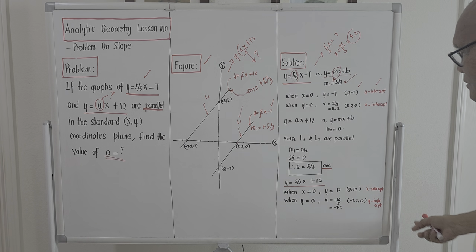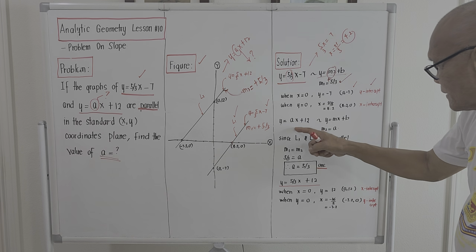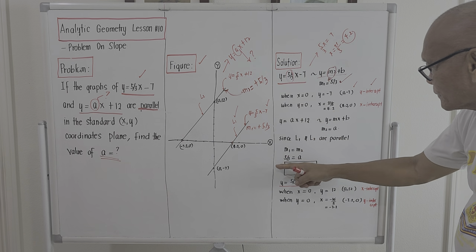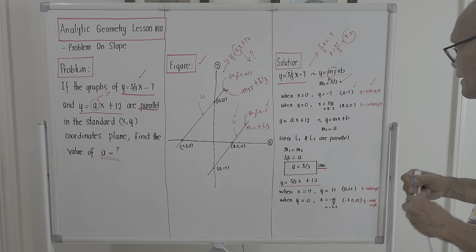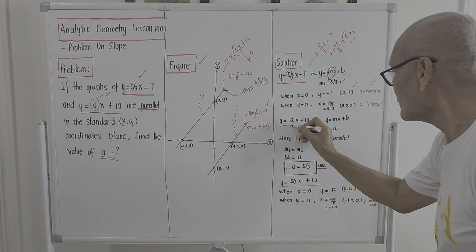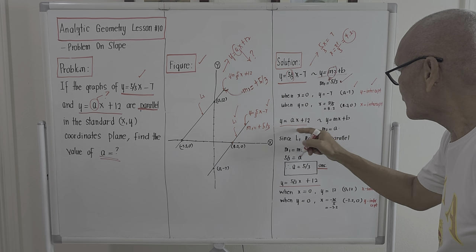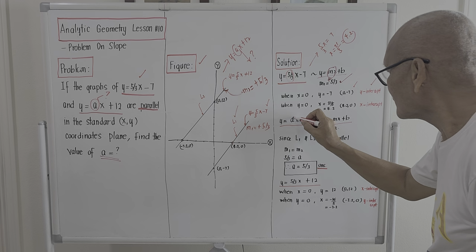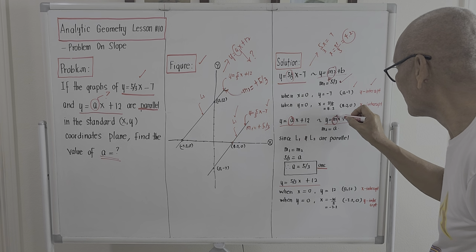So I place it here as a solution. Since line number 1 and line number 2 are parallel, m1 should be equal to m2. m1 is 5 thirds. m2 is here. This was the original equation, right, in which we do not know the value of a. And this equation is again similar to this. So we could compare that this a here is this m here.